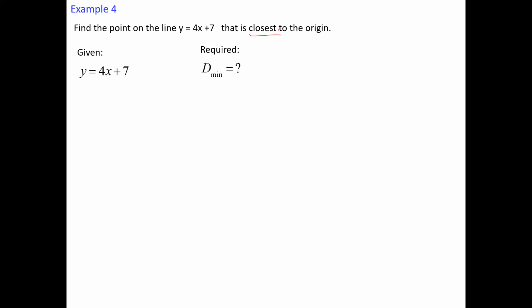We can draw this line. This line looks like this. This is negative 7. This is 7 over 4. And we're looking for the point somewhere here, x, y, the shortest distance to the origin. This green distance must be the smallest, the closest point.